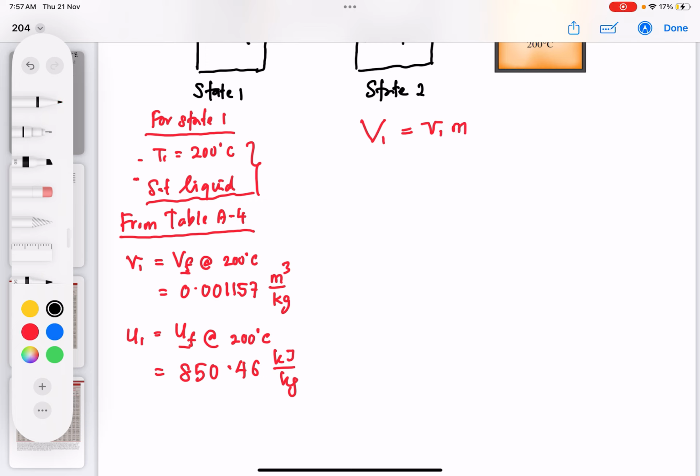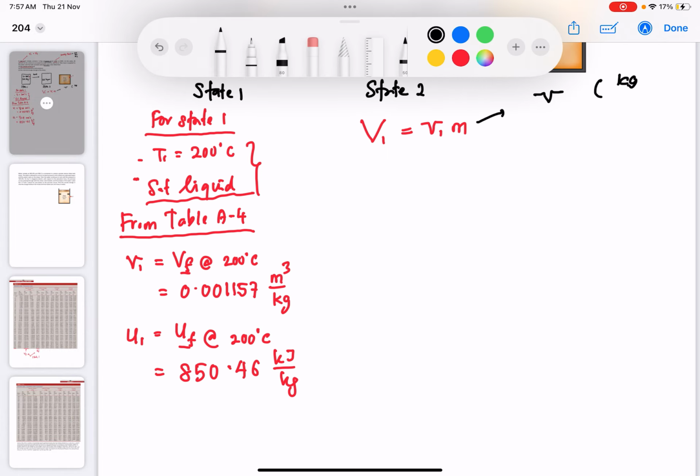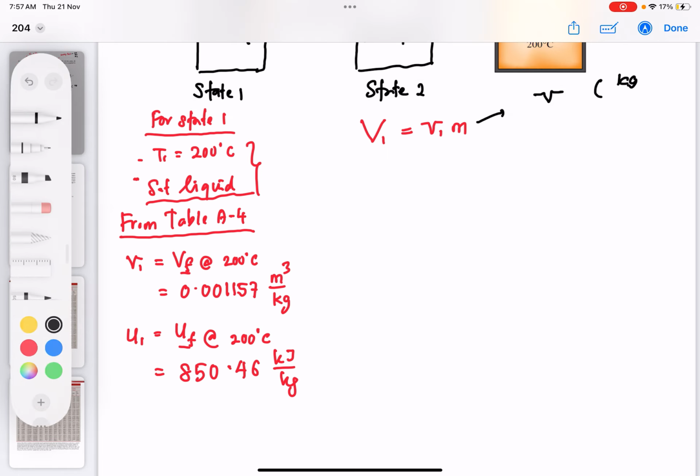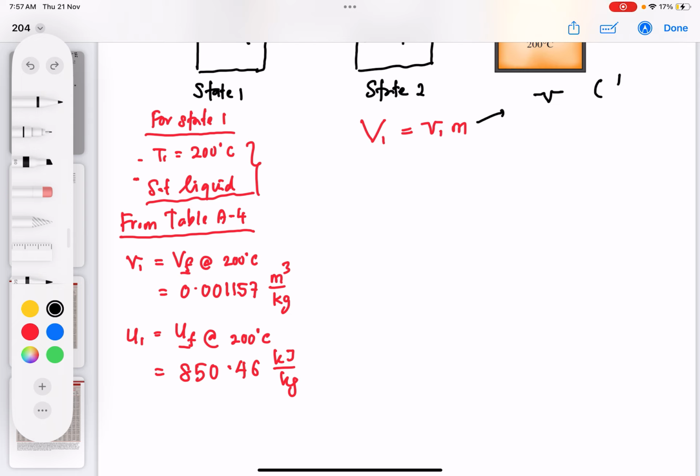To recap, I know that specific volume has the unit of meter to the power of 3 per kg, where meter to the power of 3 is the unit for volume and kilogram is the unit for mass.